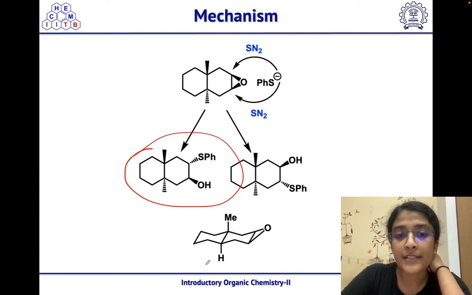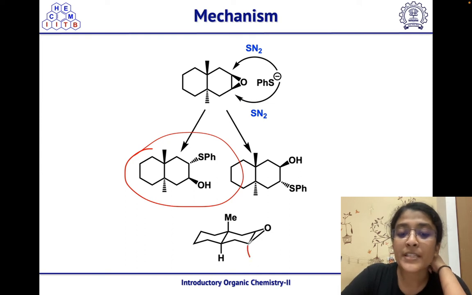It is a trans-decalin kind of system, and here this oxygen atom is above, in the axial position, connecting the axial and equatorial sides. This epoxide is across the axial and equatorial sides.